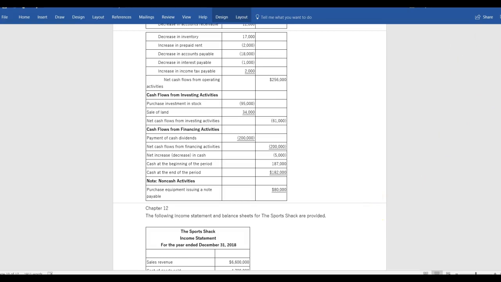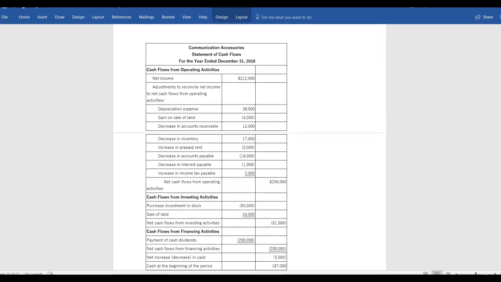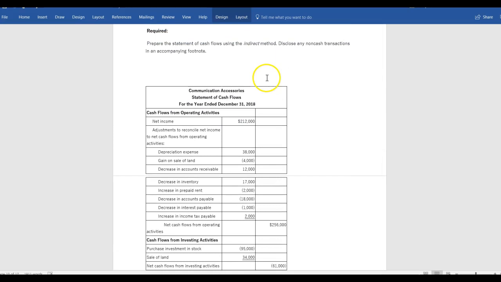Or if I asked you, what is the net cash flows from operating? You would need to know, using the indirect method, how we go about showing the various changes related to operating activities. And if you remember, we start with our net income and then we make various adjustments.